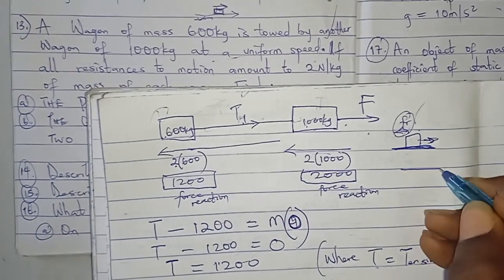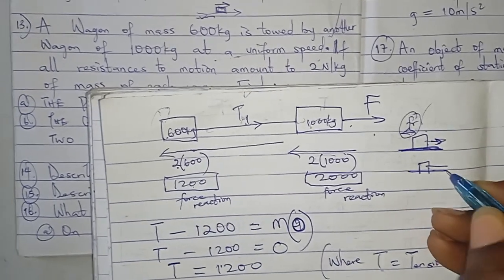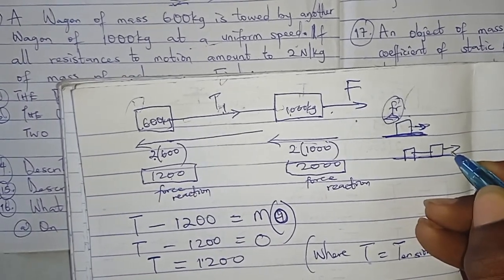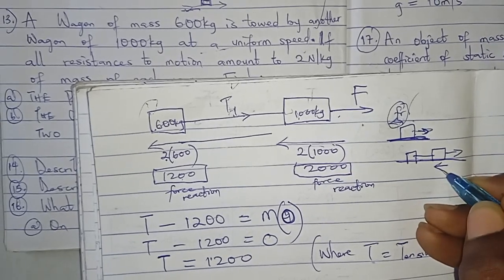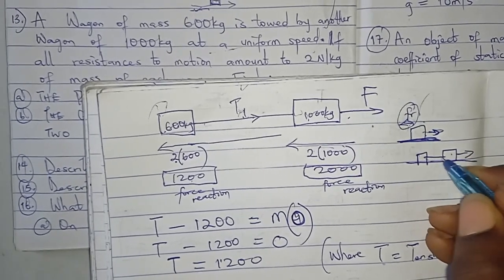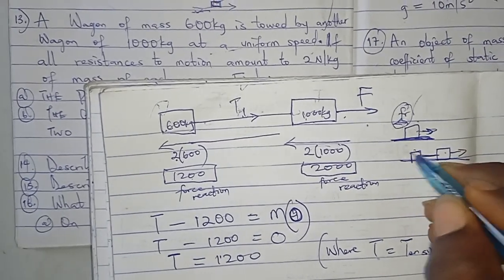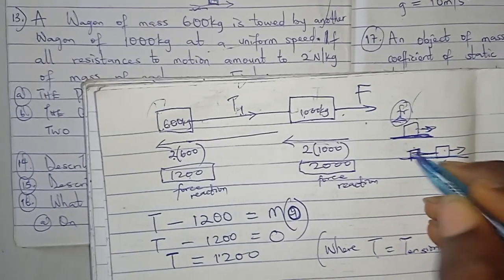So for the second body now, it will have its forward force and the frictional force acting on it, then this one that is trying to pull it back as well, the tension that it will experience from this object.